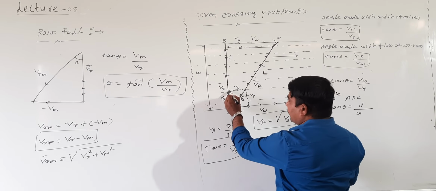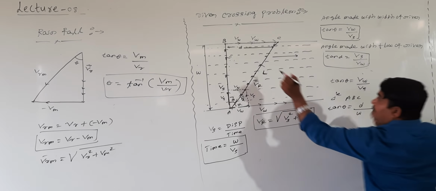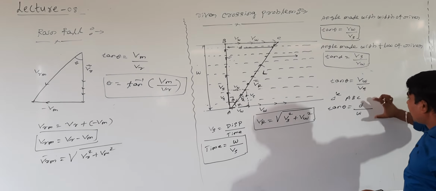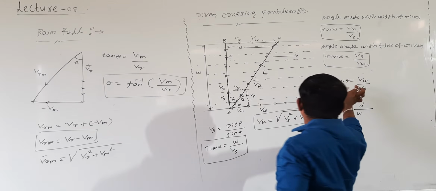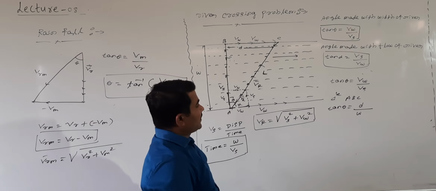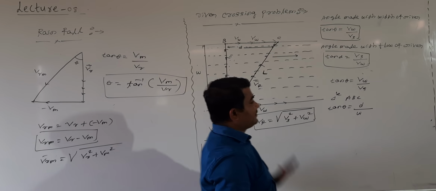Due to the velocity I am taking tan theta here, and tan theta due to the drift and the width of the river I am taking. Don't confuse here. Here also tan theta, here also tan theta. This tan theta is due to the river flow and swimmer. And this tan theta is due to the drift of the person and width of the river.